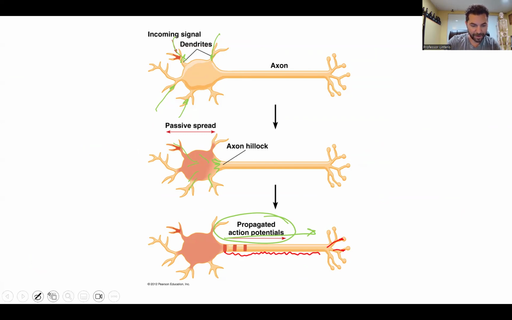And then you know what's going to happen here. Obviously, some chemicals are going to be released, maybe onto another neuron, probably.